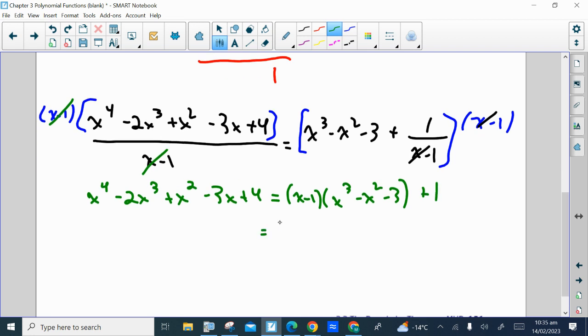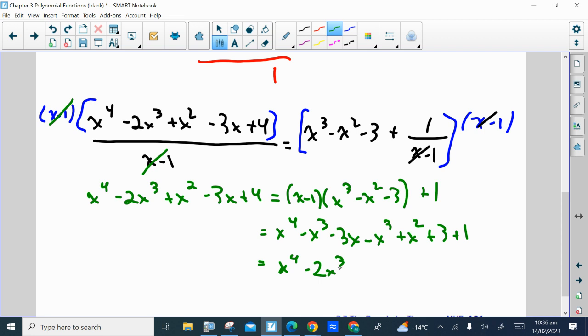So if I multiply these out, I'll multiply the trinomial first by the x, and then everything by the negative 1. So now when we combine our like terms, I've got my x to the fourth. Negative x cubed minus another x cubed is minus 2x cubed. That's the right second term.